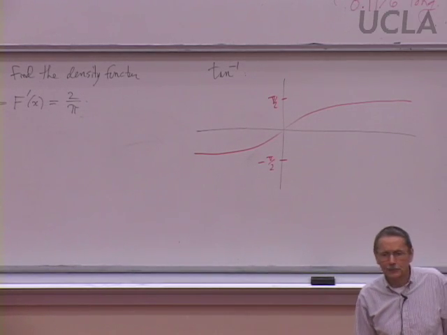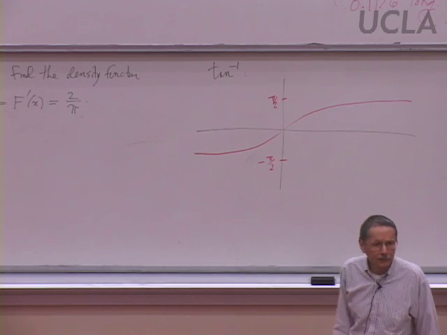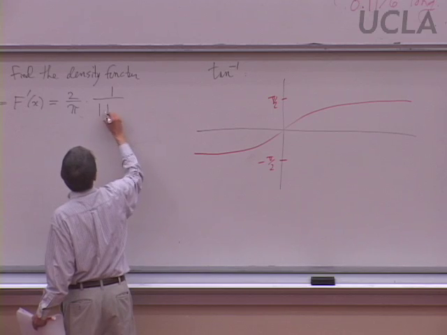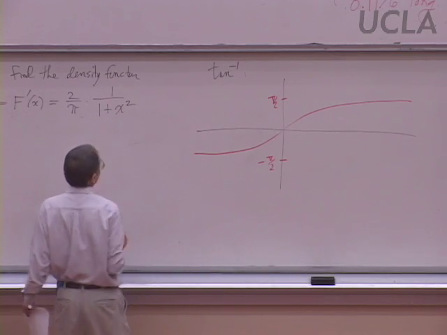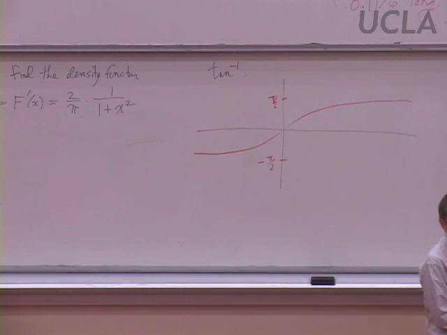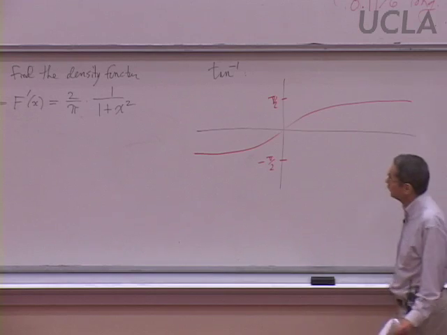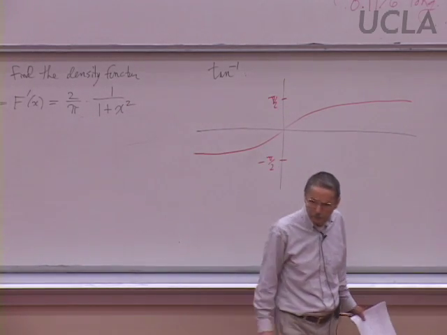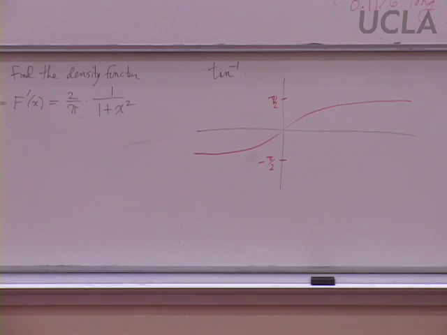Let's assume everyone remembers that the derivative of the arctangent function is 1 over 1 plus x squared. That was rather surprising back in 3A or whatever it was, that the derivative of the inverse trig functions did not involve trig functions. It's just this rational function.